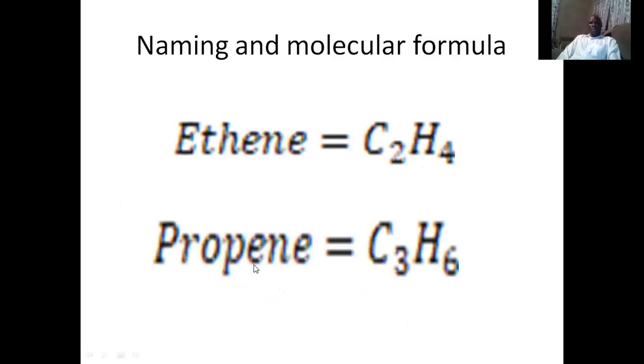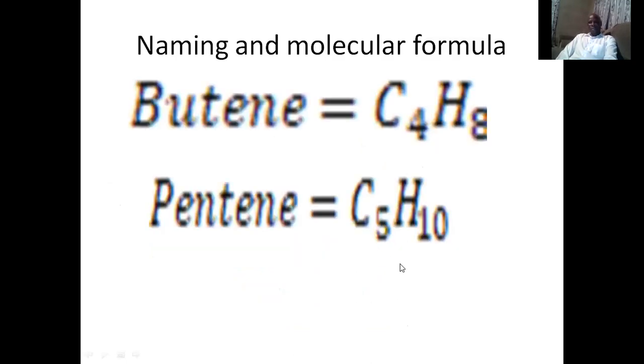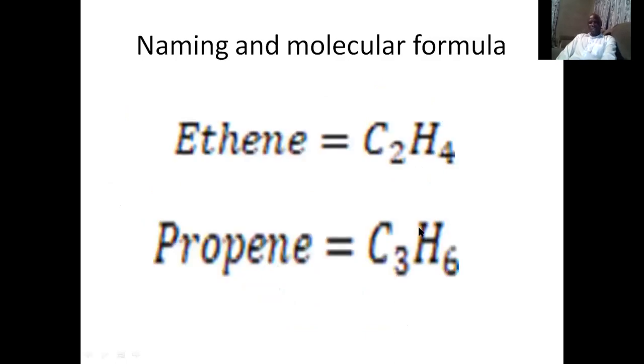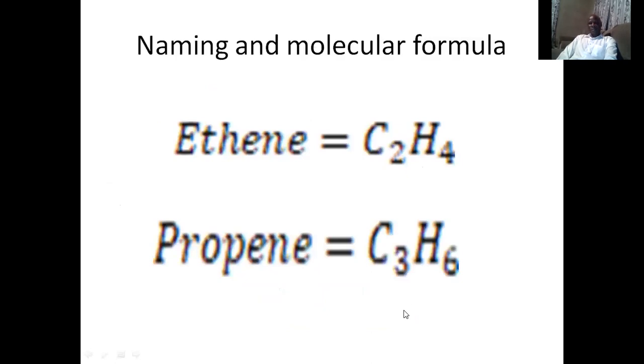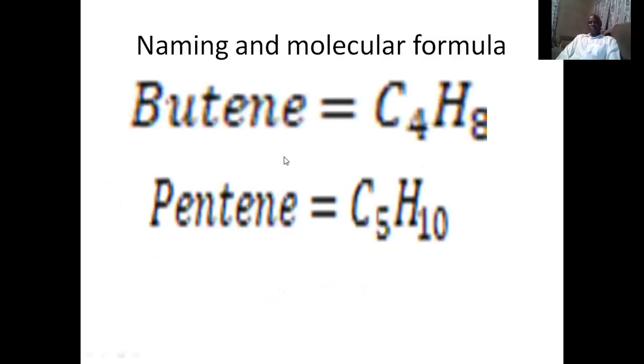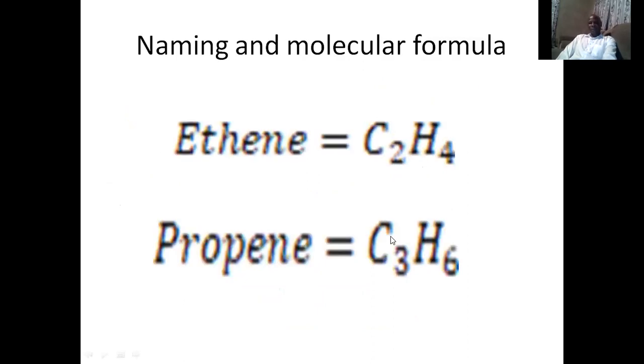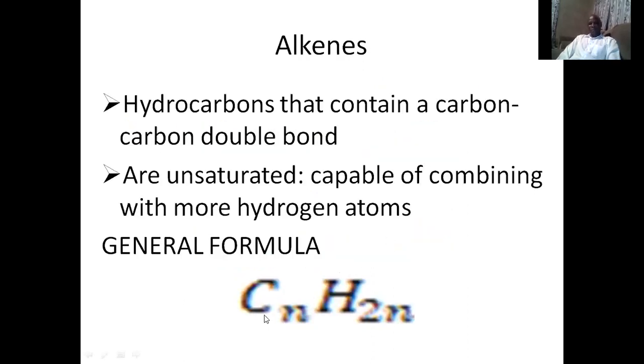And propene also, you notice that it's ending with the ENE, and then the carbon atoms will be 3, and then 2 times 3, that will be 6. And then I will not do number four, I will go straight into pentene. Also pentene ending ENE, and then you are going to have 5 here, and then 2 times 5, that will be 10.